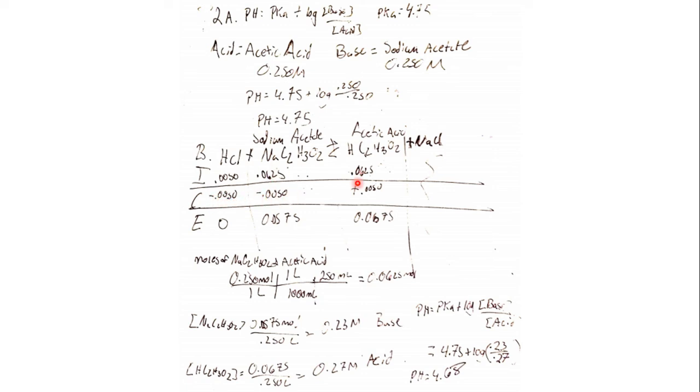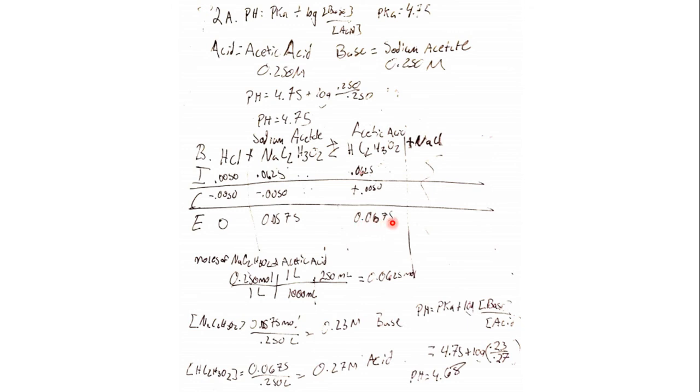And your reactants make your products. My sodium acetate makes my acetic acid, so this is plus 0.0050. So my HCl is all used up. My sodium acetate has decreased to 0.0575. My acetic acid has increased to 0.0675.